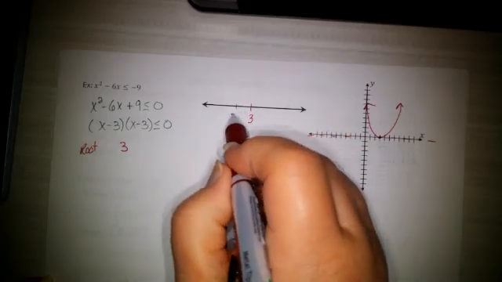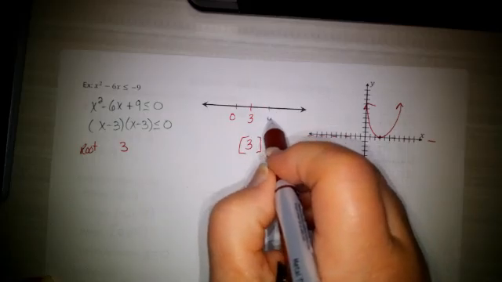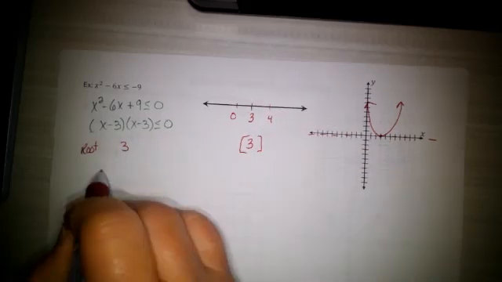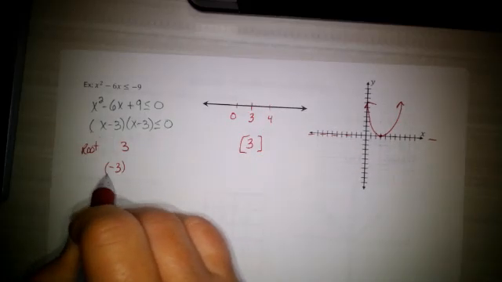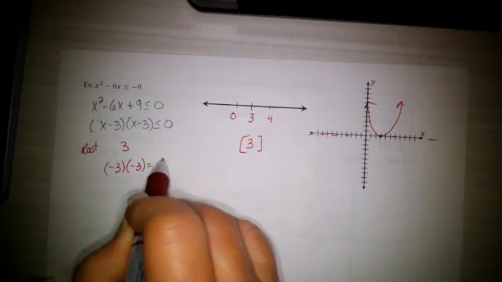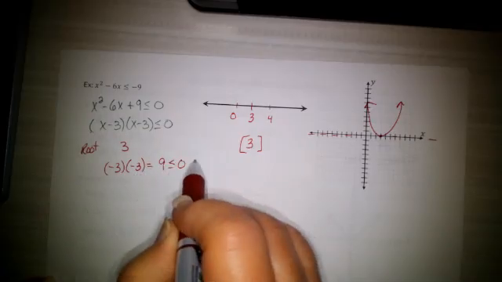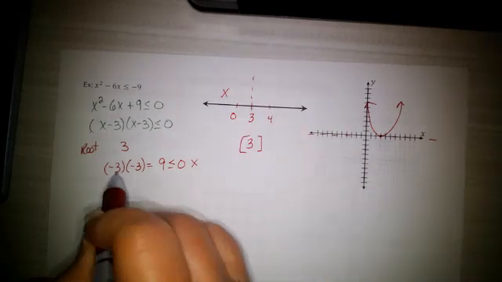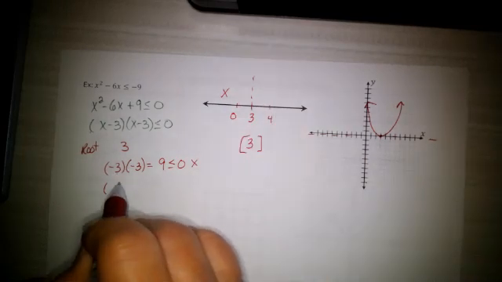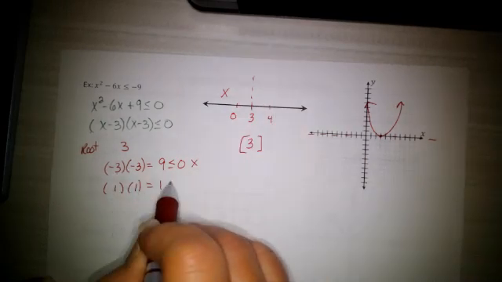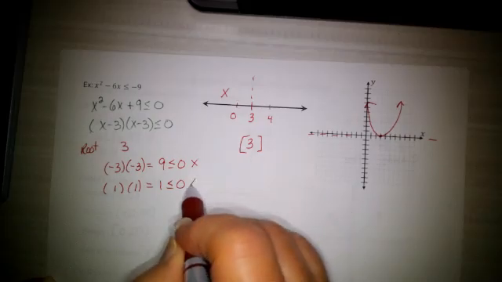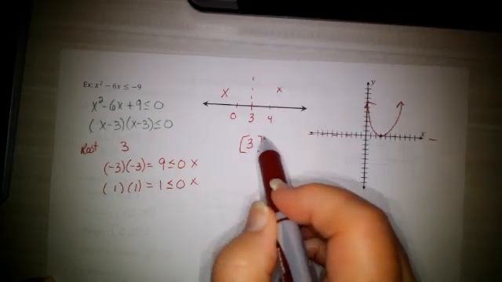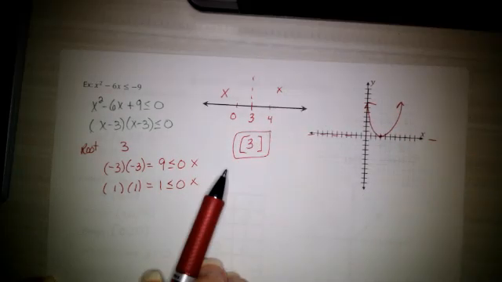If I put 0 in, 0 minus 3, 0 minus 3, is positive 9 less than or equal to 0? No. Go to 4. 4 minus 3, 4 minus 3, is 1 less than or equal to 0? No. 3 is the only value that works here.